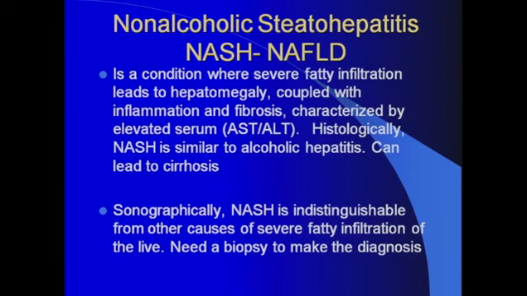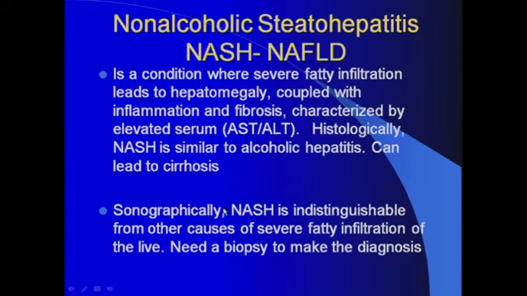Now, can you make the diagnosis based on ultrasound? Absolutely not, but you can suggest the possibility of NASH when you see severe, high levels of increased diffuse echogenicity affecting the liver, i.e., whenever you see distortion of the normal biliary and vascular anatomy without appreciation of the pattern of these normal vessels in the liver, this entitles you to the possibility of NASH.